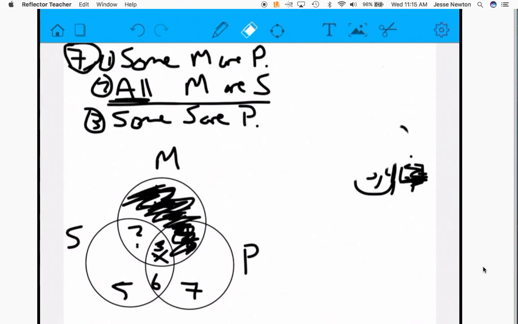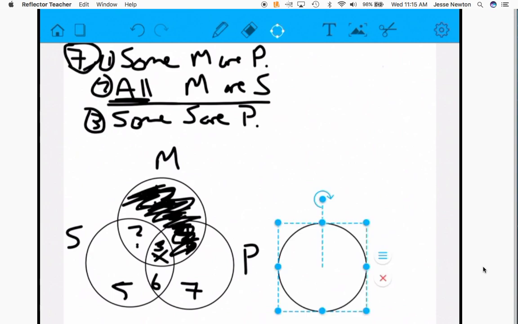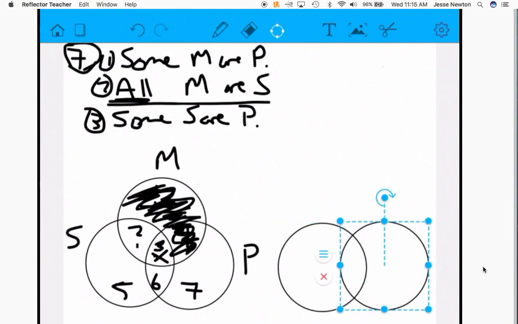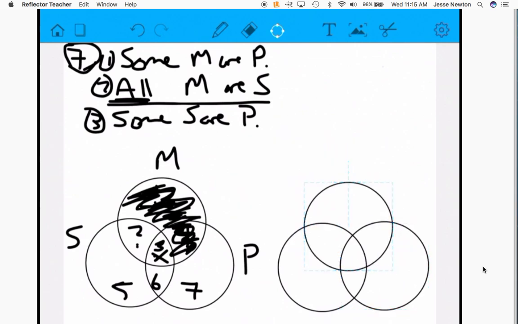All right, now finally we come to the conclusion. And let me see if I can get my circles here. Just as before, we're going to do S, P, M, 1, 2, 3, 4, 5, 6, and 7.